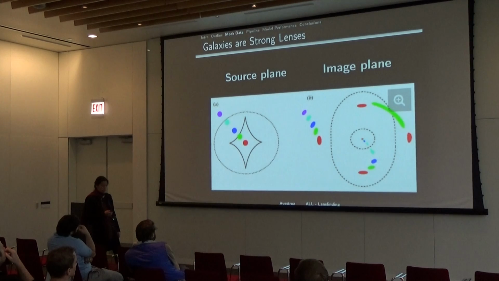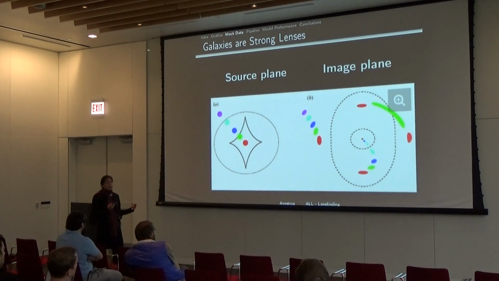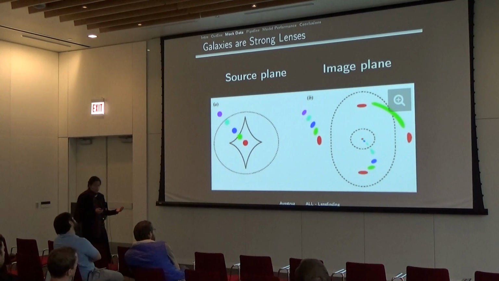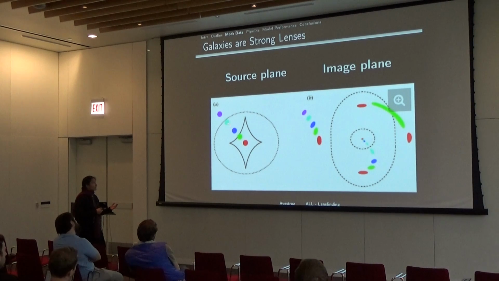So the context in which we're basically testing this machine learning pipeline is within strong lensing systems. And just a recap, basically you have in your foreground some sort of a massive object, say a massive elliptical galaxy or a massive galaxy cluster. And in the background, you might have, say, a background galaxy or quasar that's sitting at a number of positions.